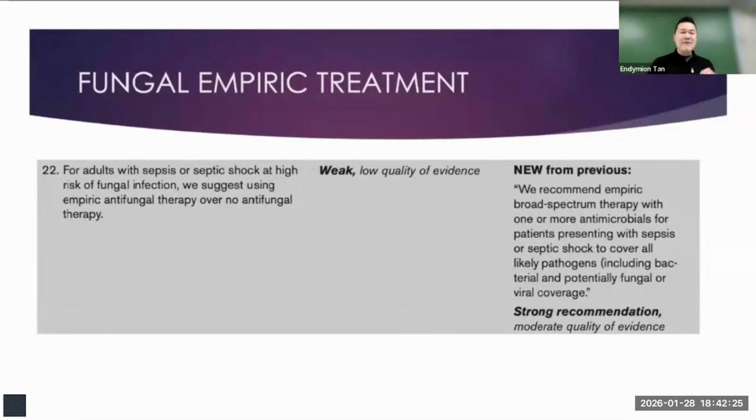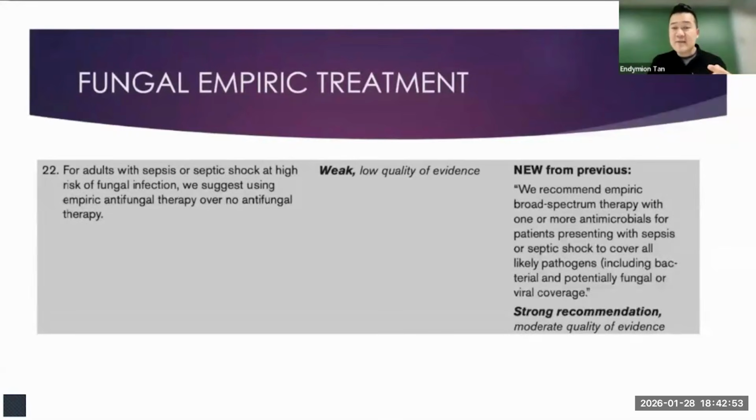So the next thing, after talking about MRSA: since we said that for septic patients this can be polymicrobial, it can be because of gram-positive, gram-negative, or one important thing, fungal infection, which we should not forget. Because for adults with sepsis or septic shock at high risk of fungal infections, we suggest using empiric antifungal therapy. So this is not one case for everybody.